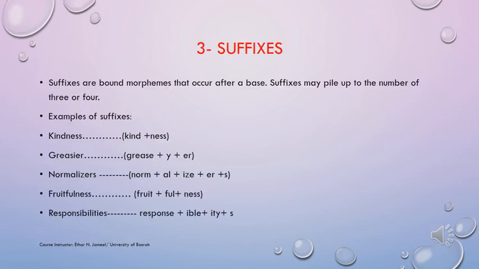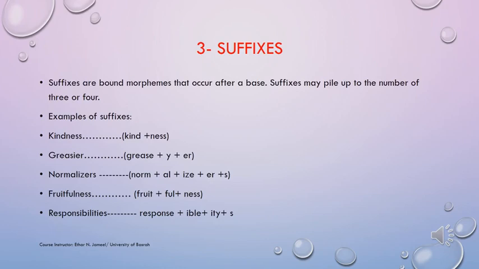The last type of affixes is called suffixes. Suffixes, in fact, are the most frequent affixes in the English language. We have a lot of suffixes, more than prefixes or infixes. So what are suffixes? Suffixes are bound morphemes that occur after the base.